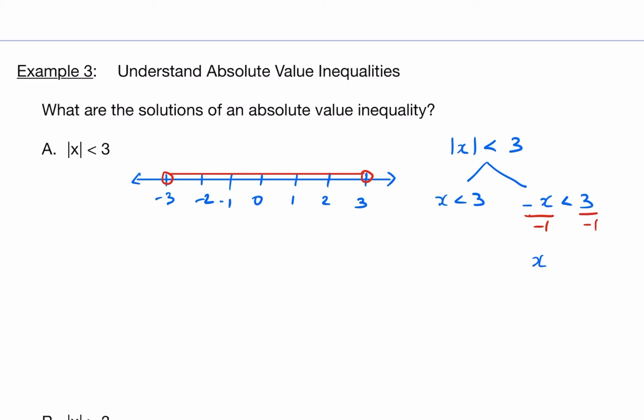Now when we divide or multiply by a negative number, our inequality sign has to change. So instead of less than, it is now greater than, and the result on the right side will be negative 3. So now you'll see that our x is also greater than negative 3, and so we drew a line to the right of it, and so what we have here is an AND condition for this compound inequality.